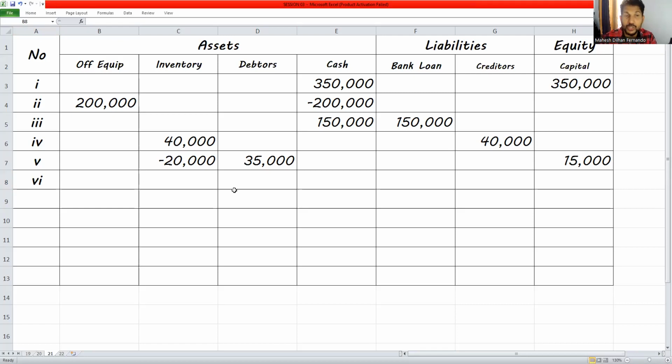Paid 15,000 to creditors. I can remember some have faced a problem. It's very simple. Listen to me. I told you, when a business purchases goods on credit, it generates a liability called creditors.